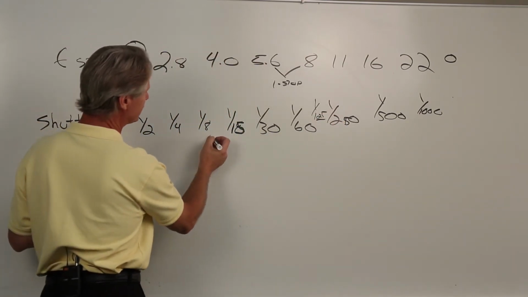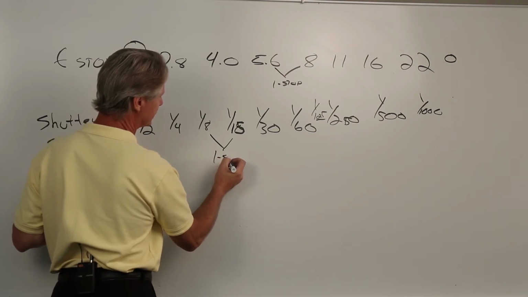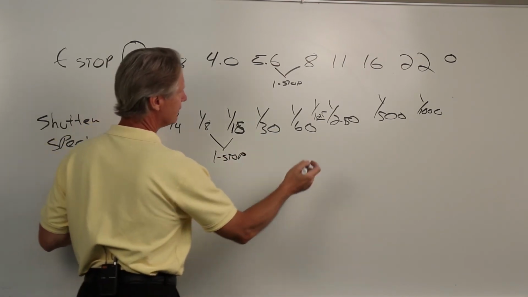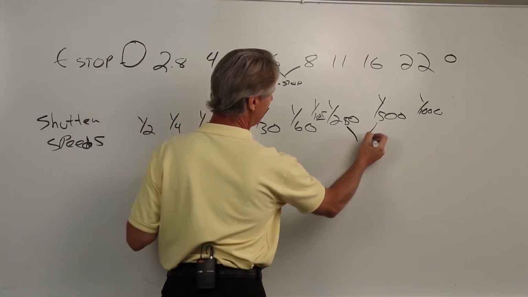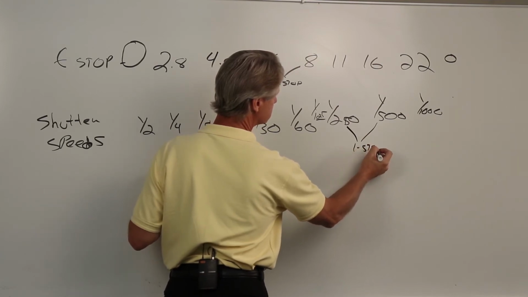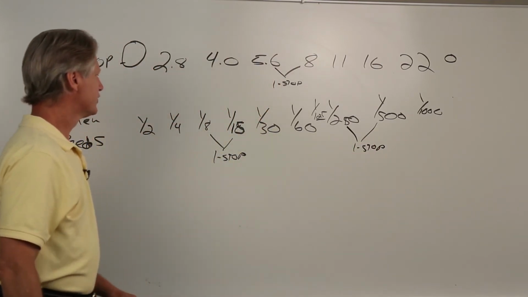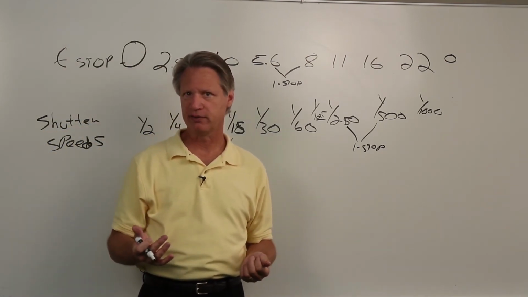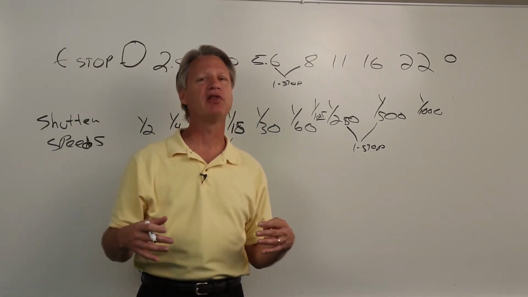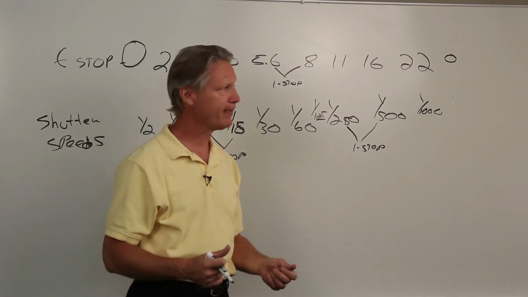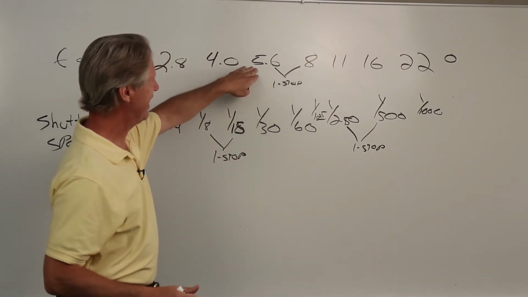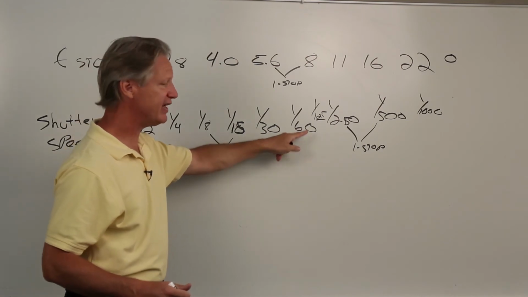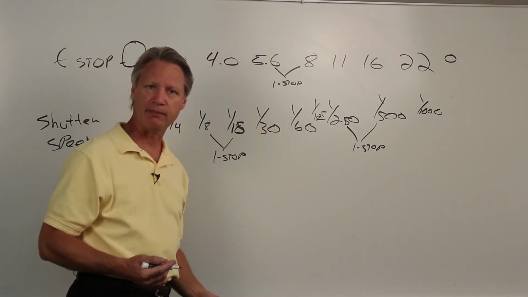And the difference between any two of these is one stop. From 250 to 500 is one stop. So now we're starting to see that photography operates on a convention, and that convention is a unit of light or a stop. So between 4 and 5.6 is one stop. Between 30 and 60 is also one stop.